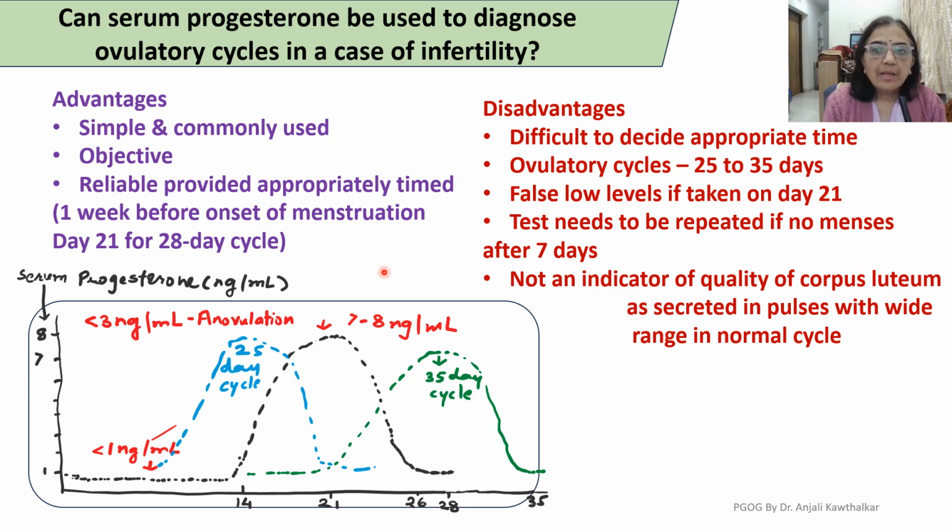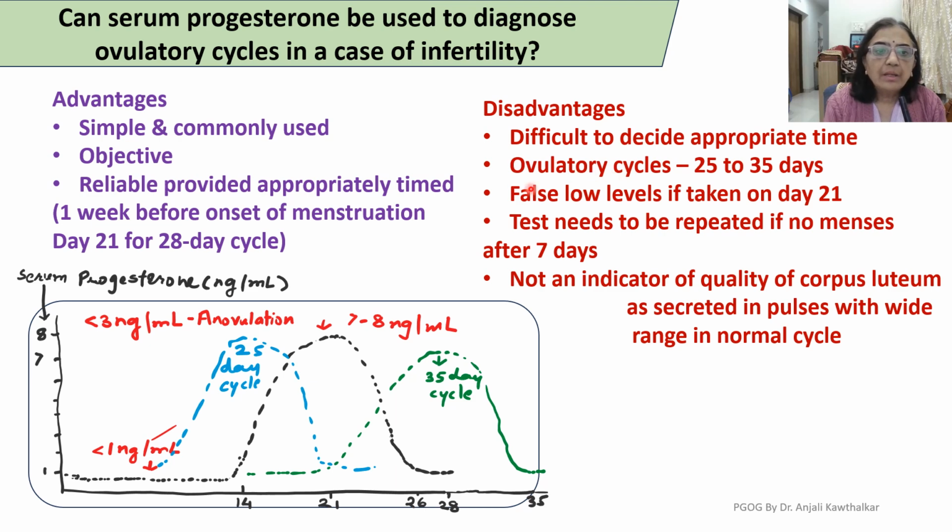But ovulatory cycles are not always coming regularly at 28 days. Sometimes in ovulatory cycles there is a range of 25 to 35 days, or it is said that even from 21 to 35 days the cycle frequency can fluctuate, even in ovulatory cycles.